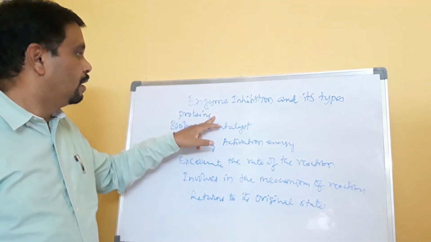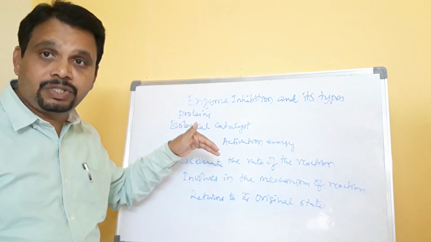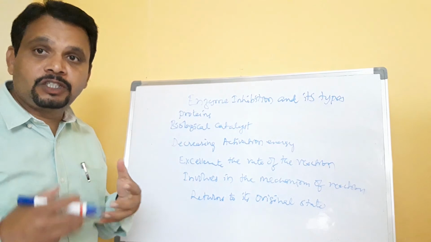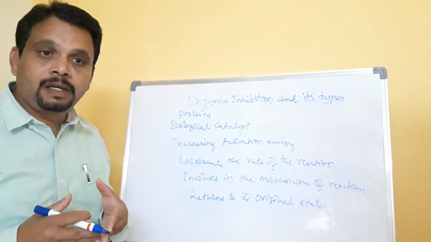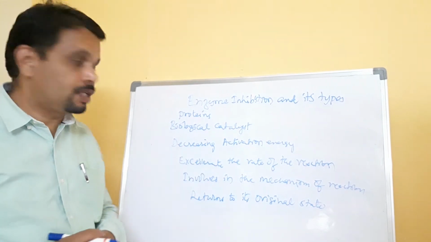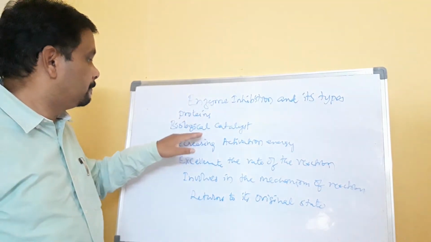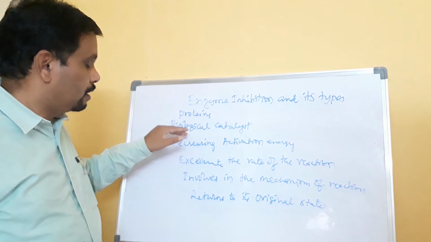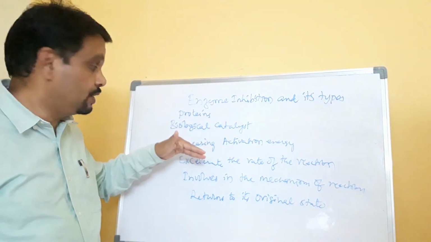Enzymes are made up of amino acid units, monomer units. They can link together through peptide bonds. So they have primary, secondary, tertiary and quaternary structures, and they are biological catalysts.